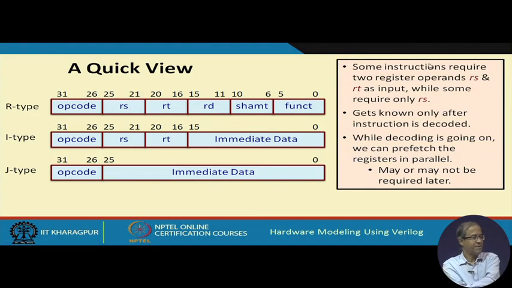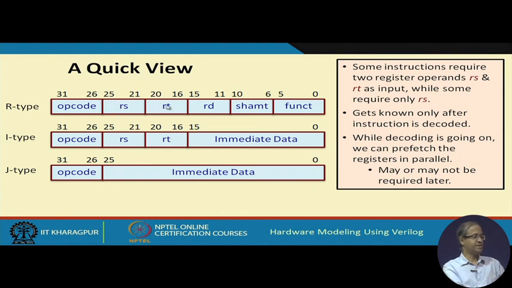So, now I have just summarized it here. Some instructions require 2 register operands RS and RT, like add, subtract, while some require only RS, like add immediate, subtract immediate. But only after decoding is completed, that means when you decode the opcode, you will come to know exactly what kind of instruction this is. So, while this process of decoding is going on, you prefetch the registers assuming it is an R type instruction, assuming that you need both the registers.